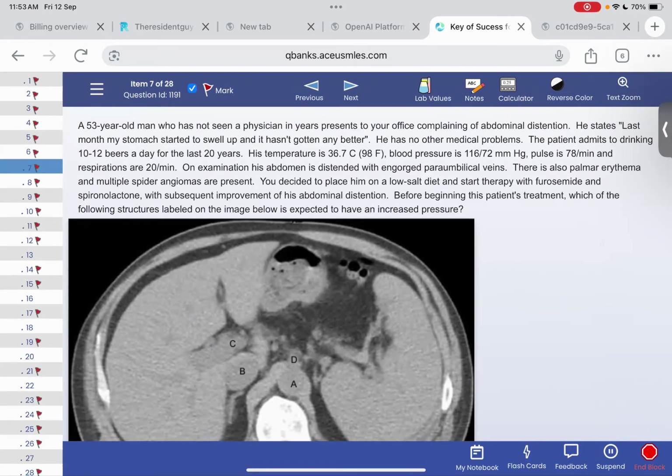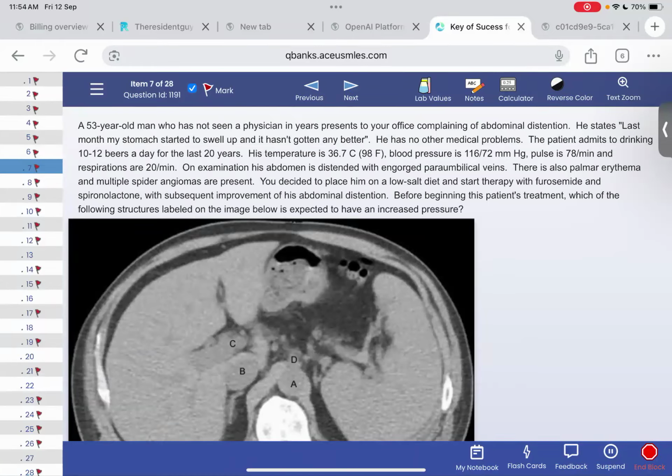Before beginning the patient's treatment, which of the following structures labeled on the image is expected to have increased pressure? A 53-year-old man presents to the office complaining of abdominal distension. He states, last month my stomach started to swell and it hasn't gotten any better. The patient admits to drinking 10 to 12 beers a day for the last 20 years.